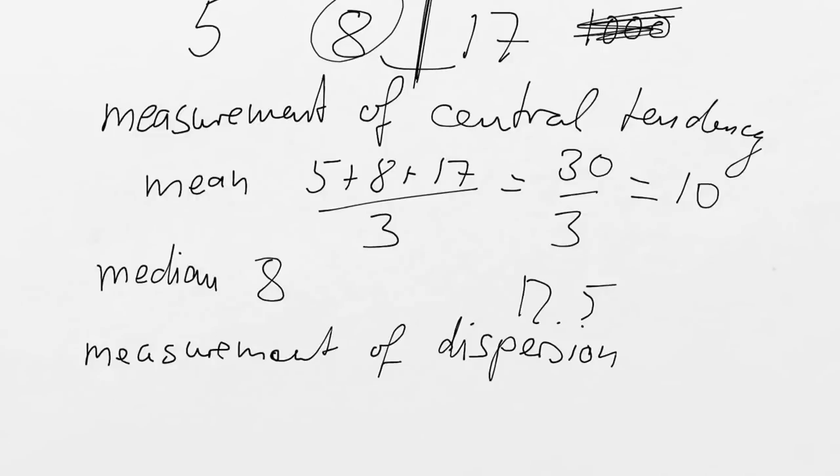So we measure simply how dispersed, how spread out our data are. So we have 5, 8, and 17. And what we do is we measure how far they each are away from the mean.